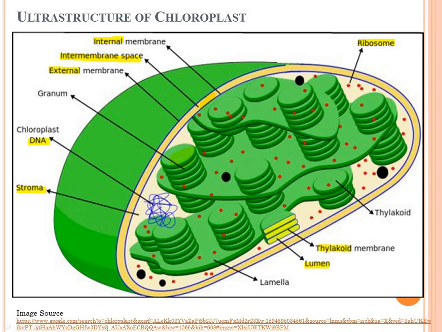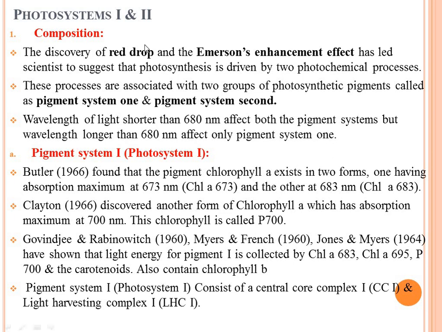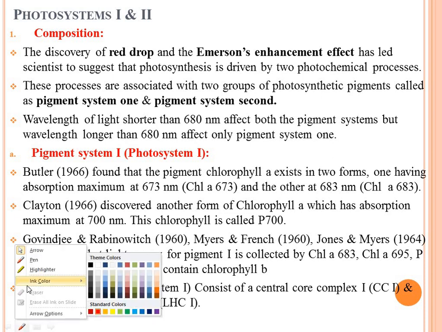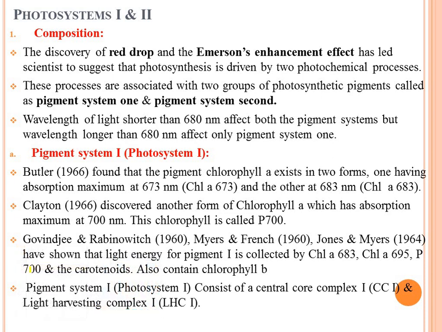Now, see what the photosystems are. In a previous lecture, we discussed photosystems. There are 2 photosystems present, photosystem 1 and photosystem 2. Then see the composition of these photosystems. Actually, these photosystems are the major part of photosynthesis.